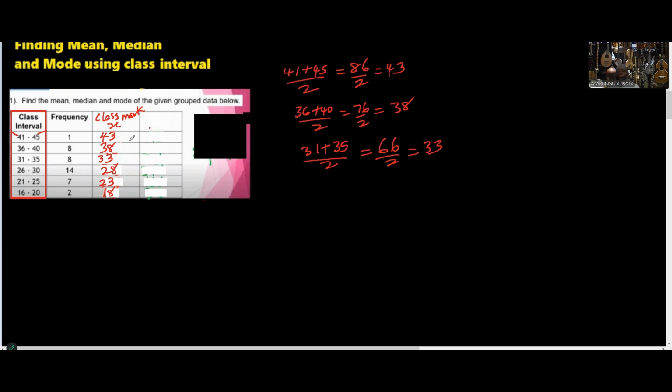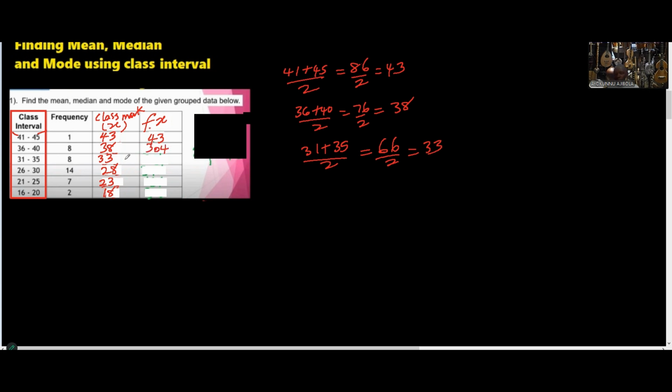Now we need what is called fx. That is the product of the frequency and this x. Is that clear? So what is 1 times 43? That's 43. What is 8 times 38? That's 304.